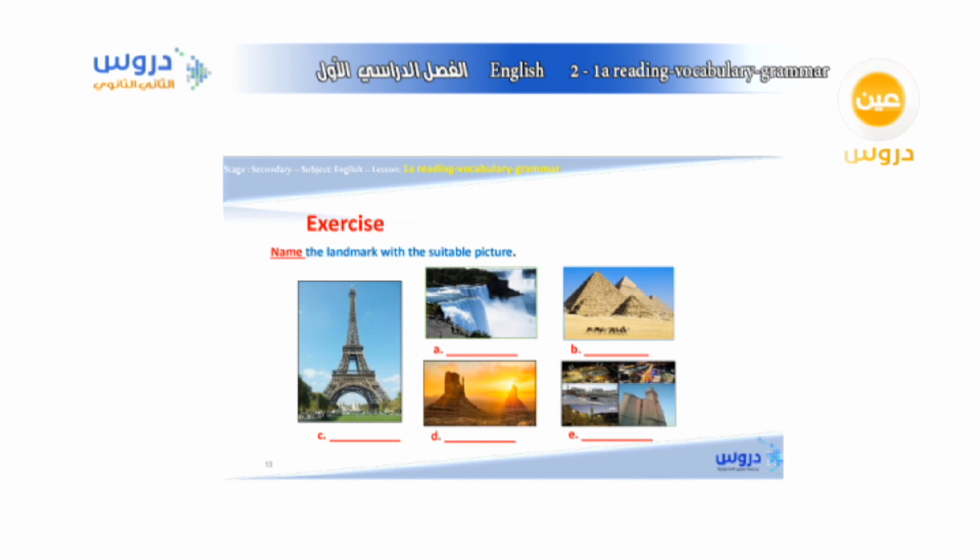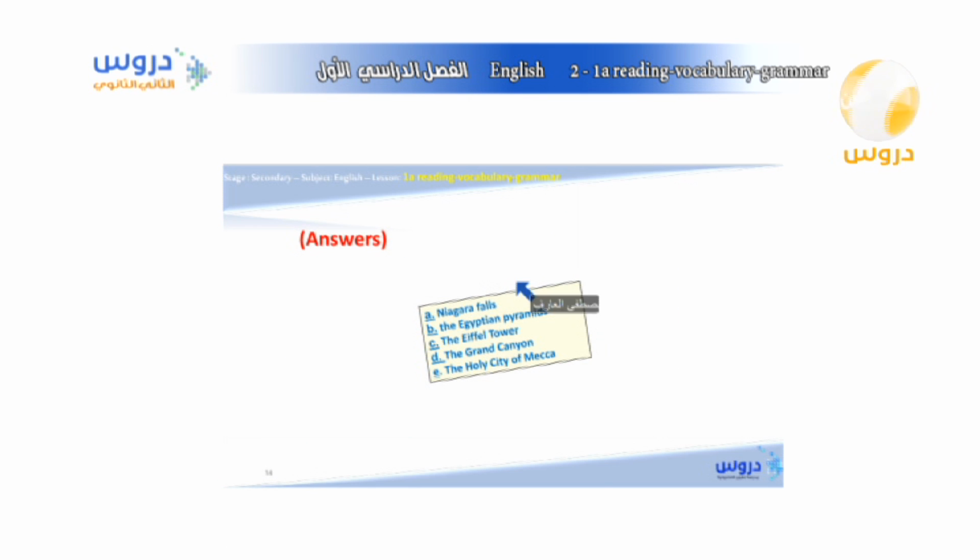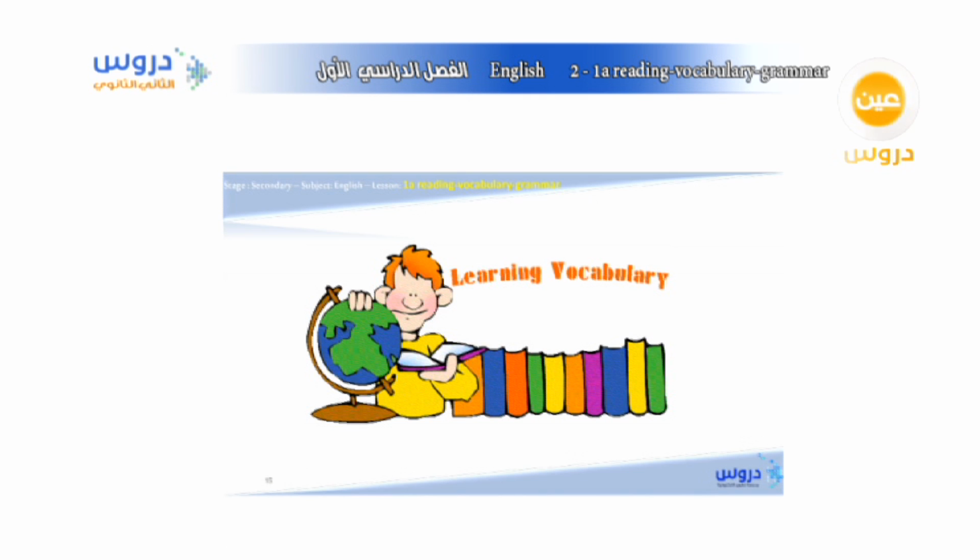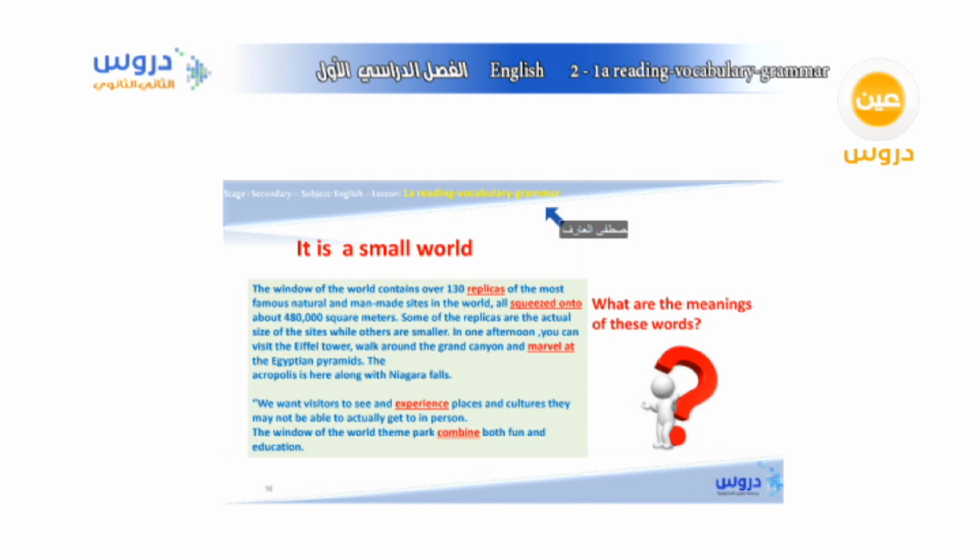So the answers were Niagara Falls, the Egyptian pyramids, the Eiffel Tower, the Grand Canyon, and the holy city of Mecca. Now let's learn some vocabulary, some nice words to learn.